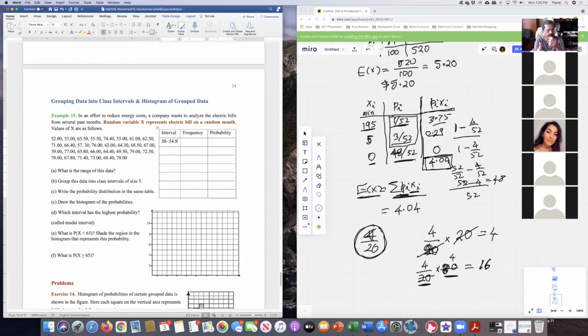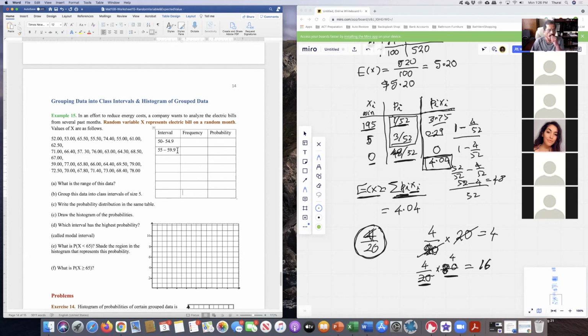But some books will write 55 here and then again begin with 55 for the next interval, and then say 55 to 60. If they write 60, you still need to understand that the 60 is not going to be counted here. 55 to 59.9 is the preferred way of writing to indicate that you're not counting the 60 here.